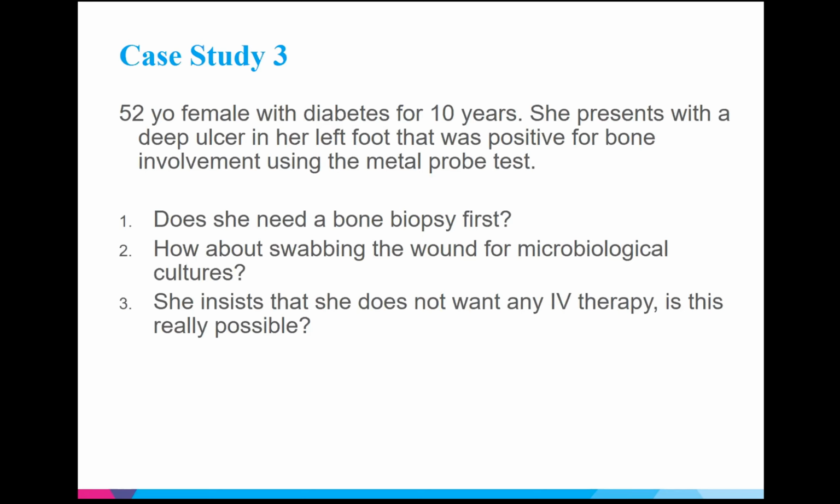So I had Dr. Lipsky, who I will cite in a lot of these talks. I happened to stand by him during one of the ID week presentations. So we both presented a poster. And over this 2-hour period, I learned so much from him about diabetic foot ulcer than I would have my entire life. So it depends, right? If you swab it, I'm okay with it, especially if you're having a hard time getting a bone biopsy.